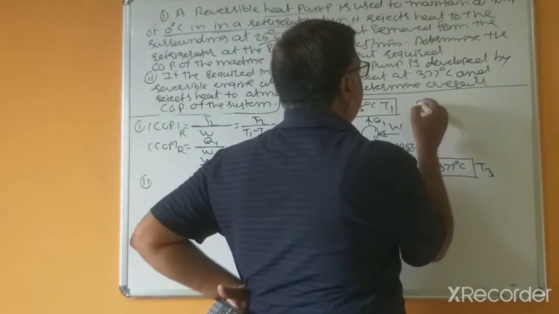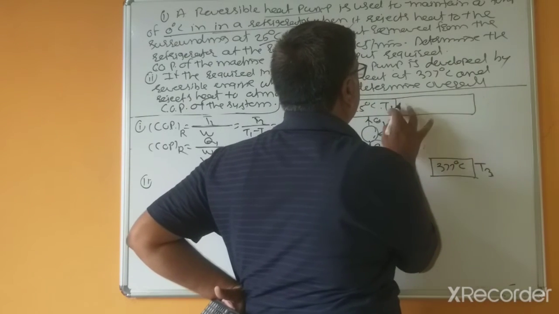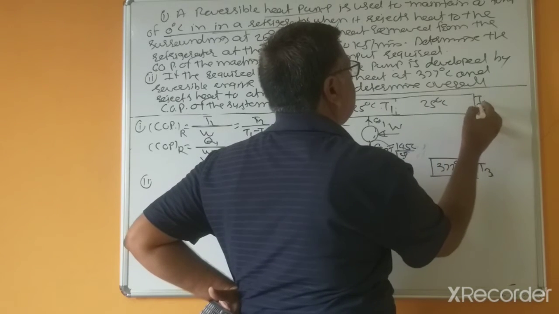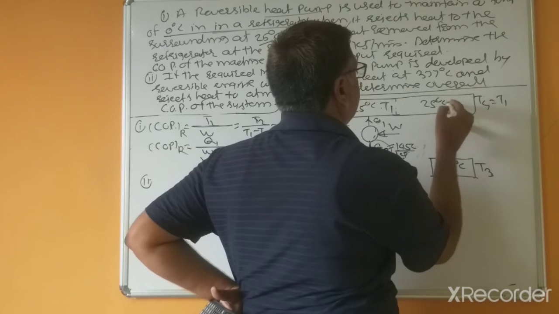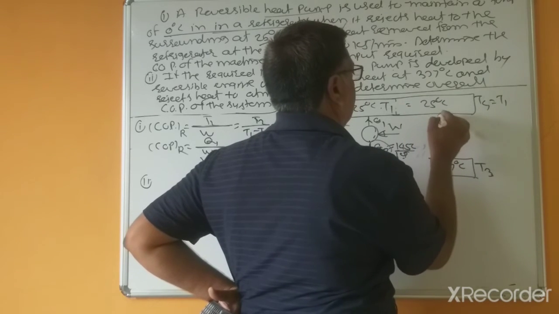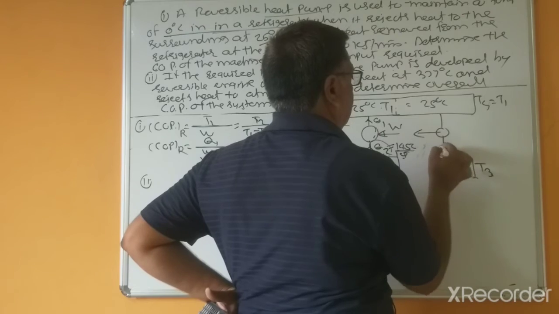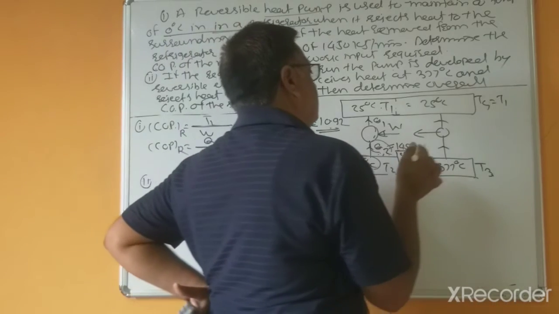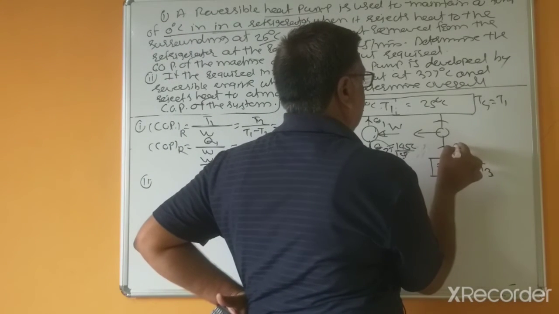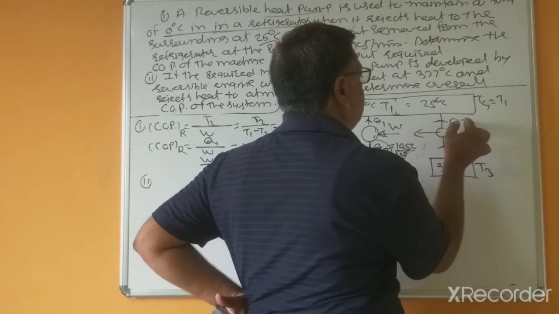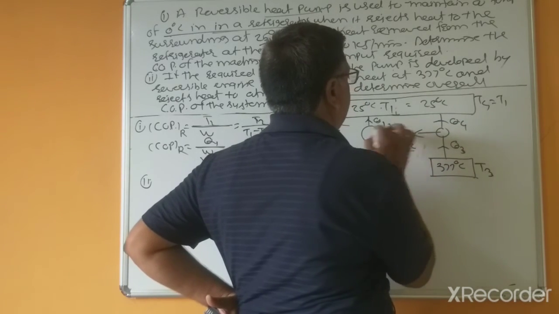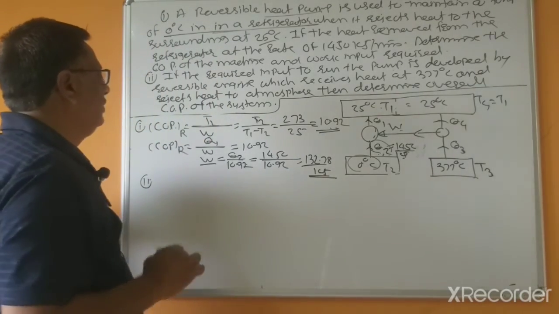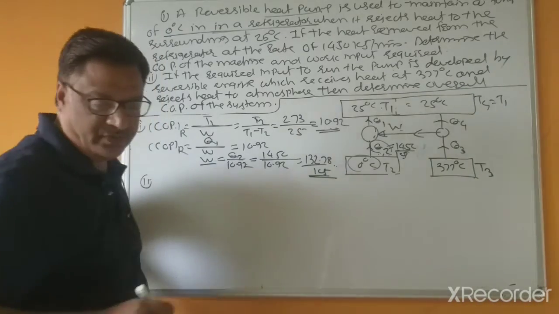So this temperature is also the same, 25 degrees centigrade, and this is T4, or T4 equal to T1, right? And this is output. So we can consider this is Q3 and this is Q4, and this is work supplied. So W equal to, you can say for heat engines also 132.